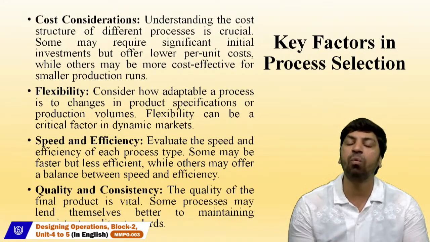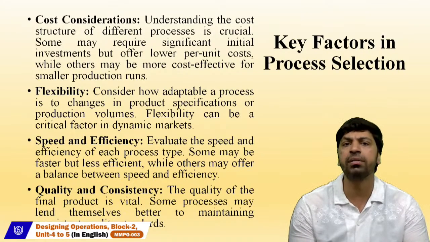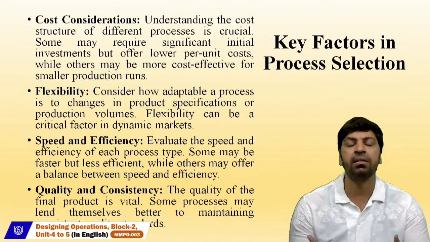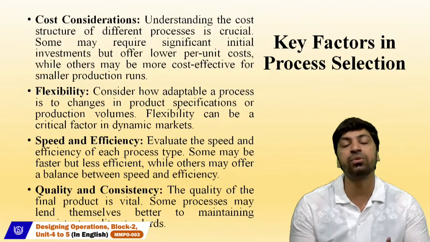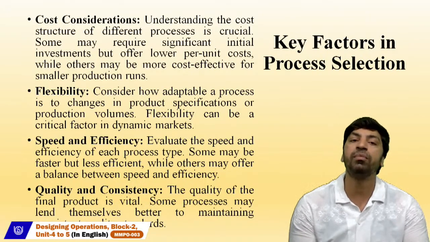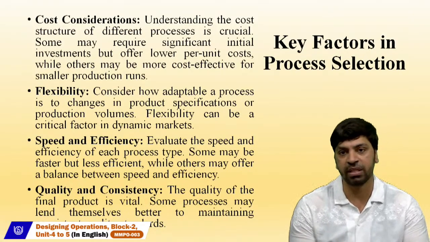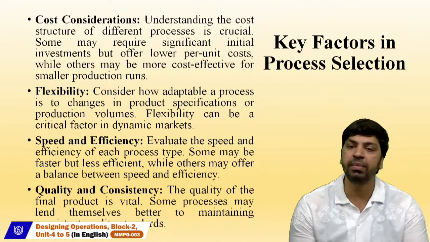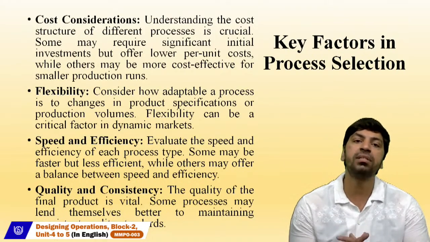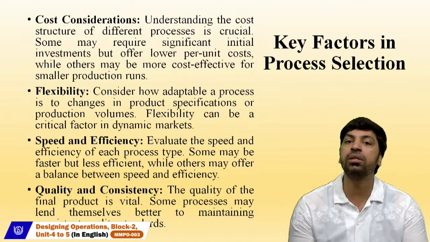Some may require significant initial investments, some may not, or some may require a lower per-unit cost. And some others could be cost effective for smaller production units or operational activities. The next one is flexibility. It considers how adaptable a process is to changes in product specification or production quantities.